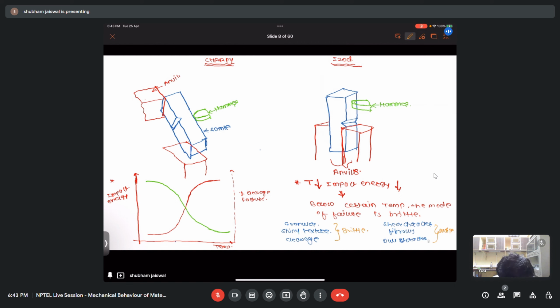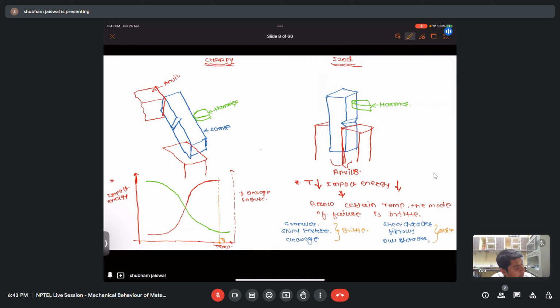Let's say this is my first temperature, T1. This temperature is known as FTP, or fracture transition temperature. At this temperature, the probability of brittle fracture is negligible, meaning it almost always fails in the ductile mode of failure.